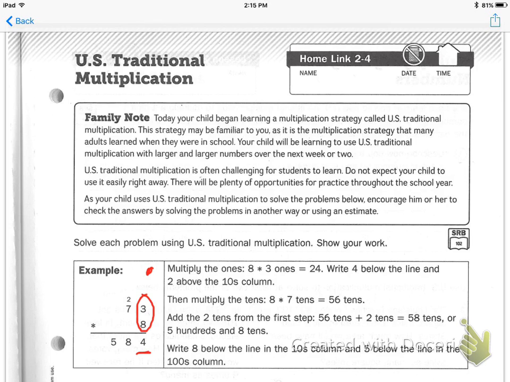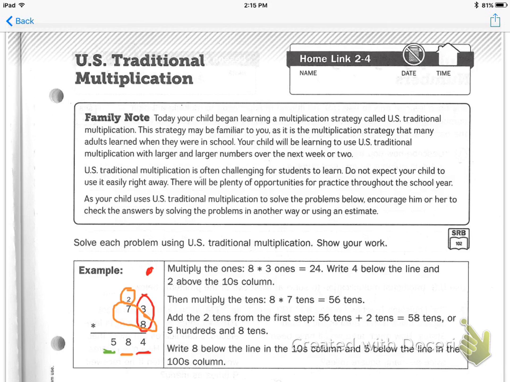My 4 ones go here, and then my 2 tens go above the 10 column. Then I have to multiply my tens. 7 times 8 is 56 tens, plus 2 is 58 tens, or 8 tens and 5 100s.